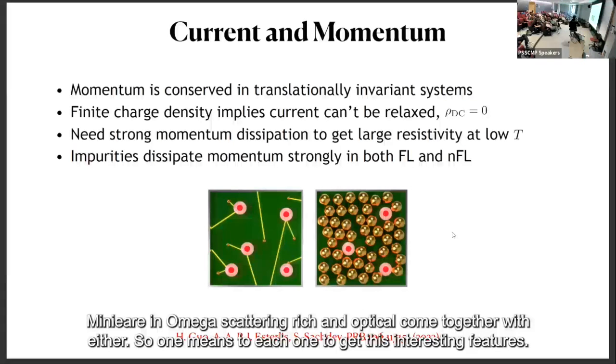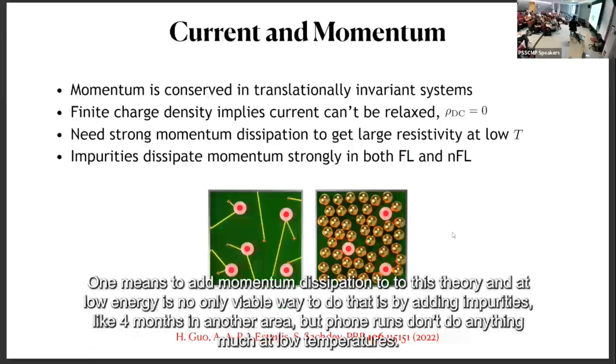So if you want to get these interesting features, one needs to add momentum dissipation to this theory, and at low energies, the only viable way to do that is by adding impurities. Phonons are another way, but phonons don't do much at low temperatures.